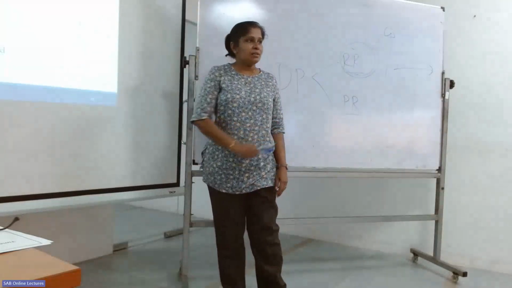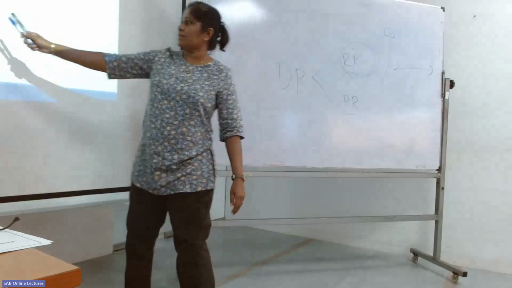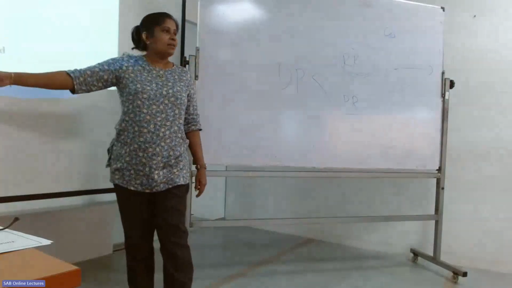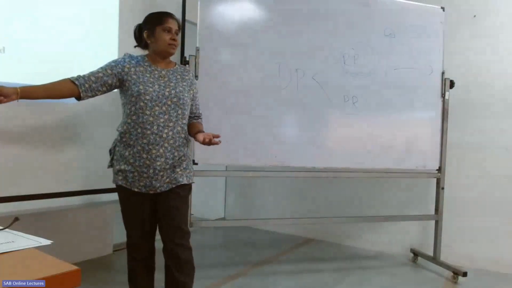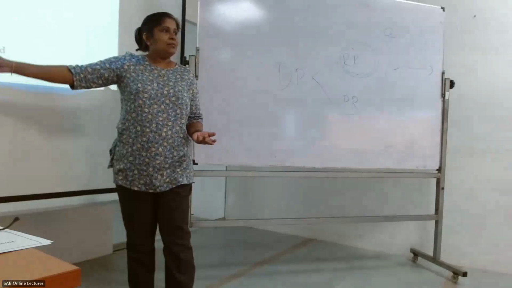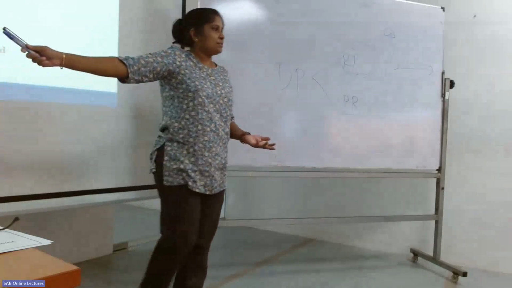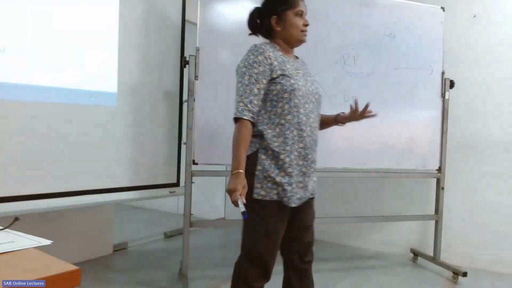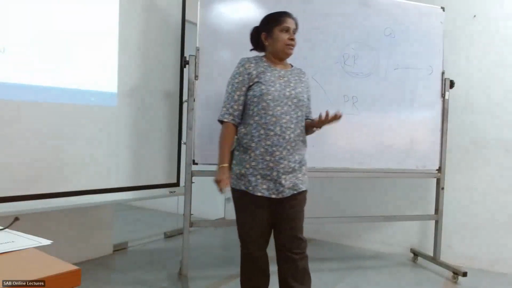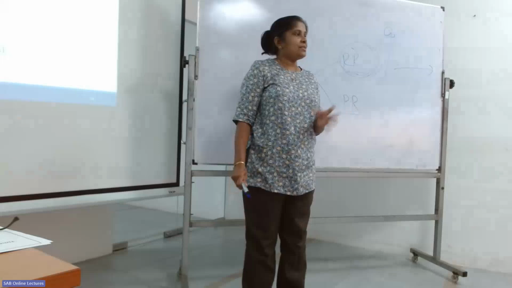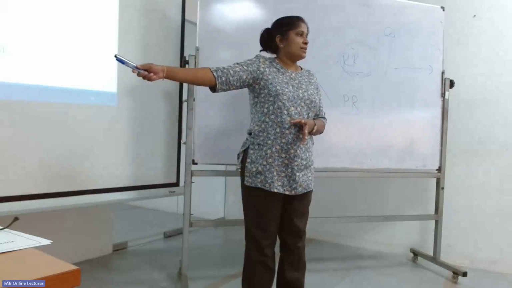There are so many models, but here we discuss only these three. The dividend growth model is already done. We applied this when we calculated the intrinsic value of equity shares.